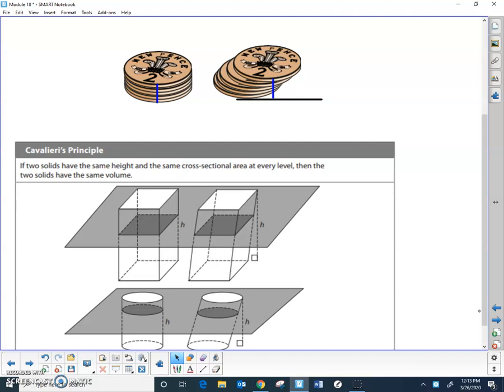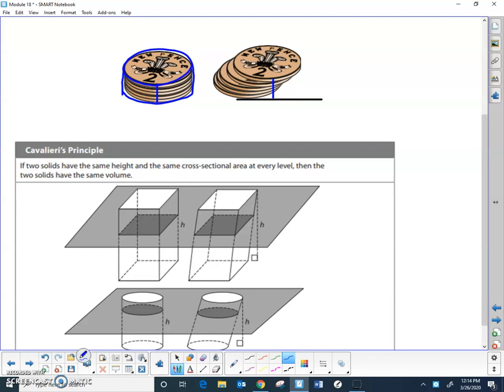In this case, for example, I have a stack of 5 coins here. If I take those coins and I slant them, my volume is not going to change. This blue line, as you can see, the height of the stack of coins is the same even when I slant them. So if I drew a cylinder around this stack of coins, it has a volume of 5 coins.